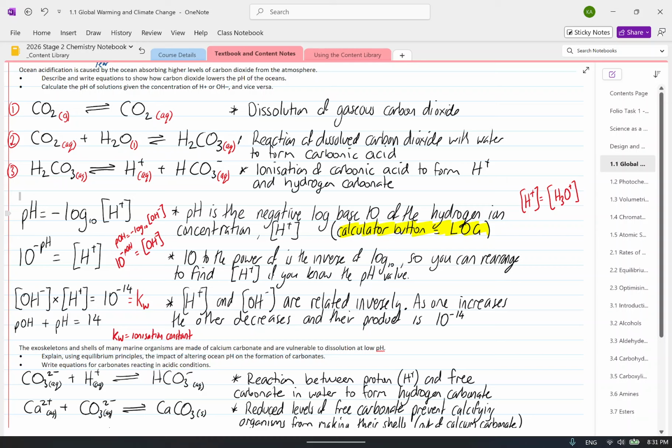If instead you are given the pH and need to find the H+ concentration, we can mathematically invert this first equation into this second equation. Given the pH, 10 to the power of negative pH will give you the H+ concentration.